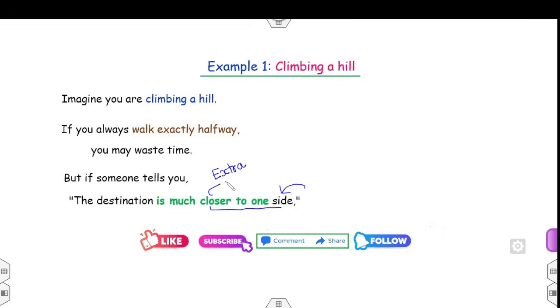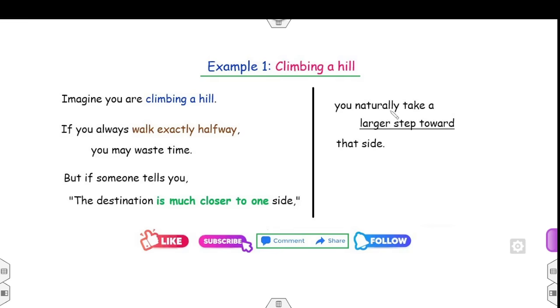So that means someone will give you extra information. Because at first you had no information when you had to start, whether from the left side or the right side, so you started from midway. But after some time you get the information that the left side is much closer to the other side. Then you will naturally take a larger step towards that side. That means the extra information will provide you a more sufficient tool to find the solution.